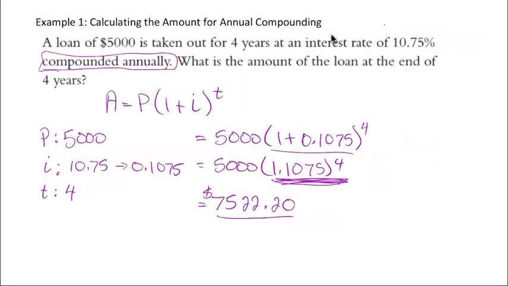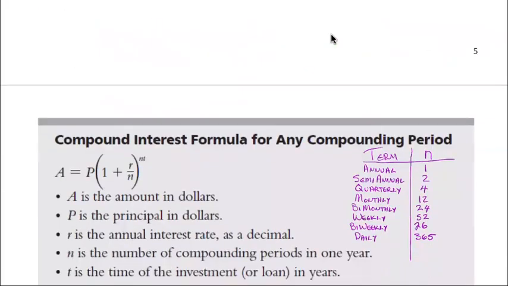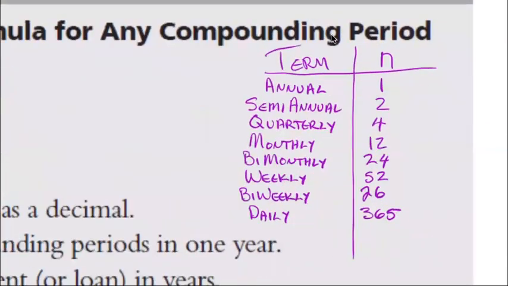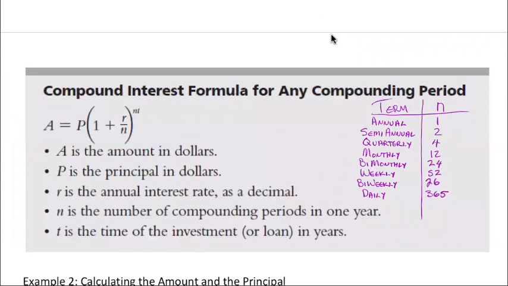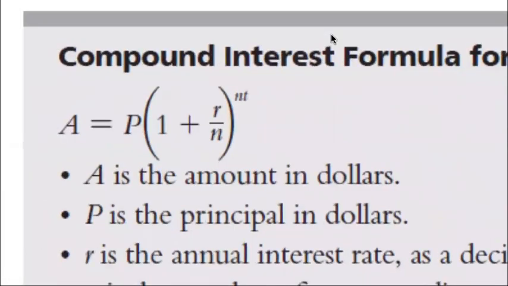Now, this formula changes if we have a different compounding period. And I'll talk about the compounding periods in a moment. But really, it's how often you get interest in a year. And because compound interest is interest on top of interest, it could make a significant difference in the amount of money that you'd have at the end. So here's our formula.